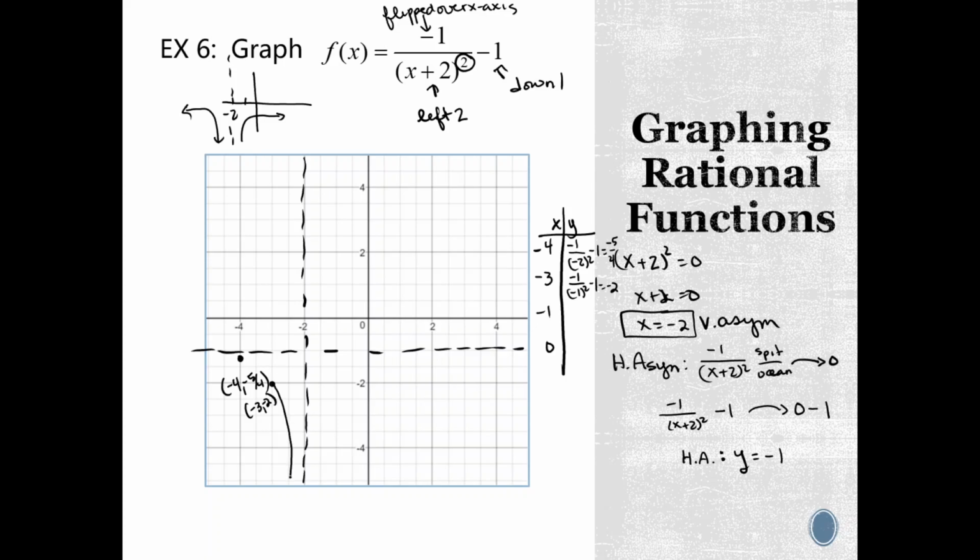And so this is going to come down towards that asymptote, and then it's going to go out towards the horizontal asymptote. If I plug in -1, I'm going to get the same thing at -2.